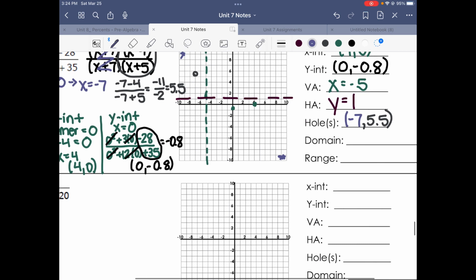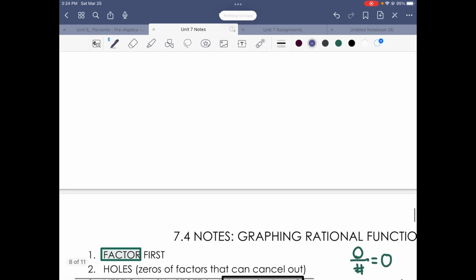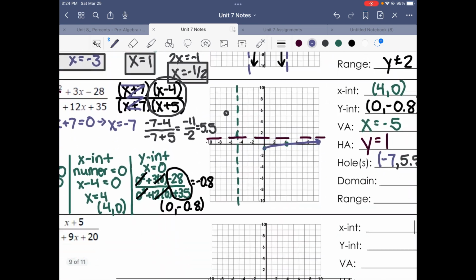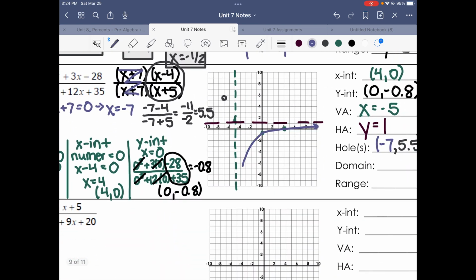It's going to be just like that, except I go through these 2 points, and when I go towards the left, I'm going to curve it as close to the line as I can. Then on the left side, I only have that one point to go through. It's actually the hole. So I'm going to start there and go as close to the vertical asymptote and then curve it as close to the horizontal one as I can. Just like that.